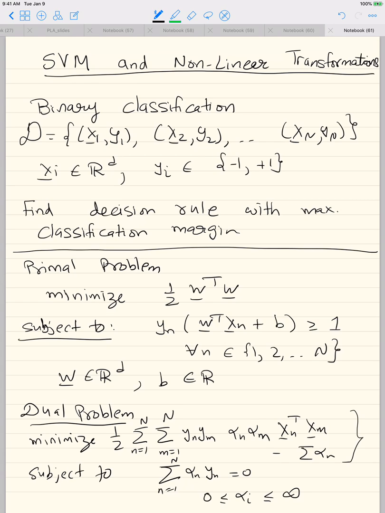Now once we have solved the dual problem, we can find W as a summation.